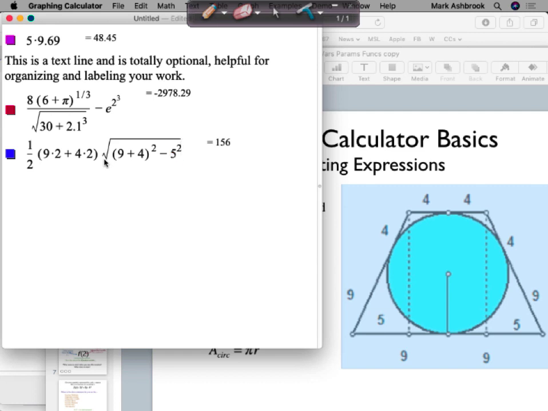How are they doing with the trapezoid? Is that right? Yes. Did it? Oh, right. You got me.